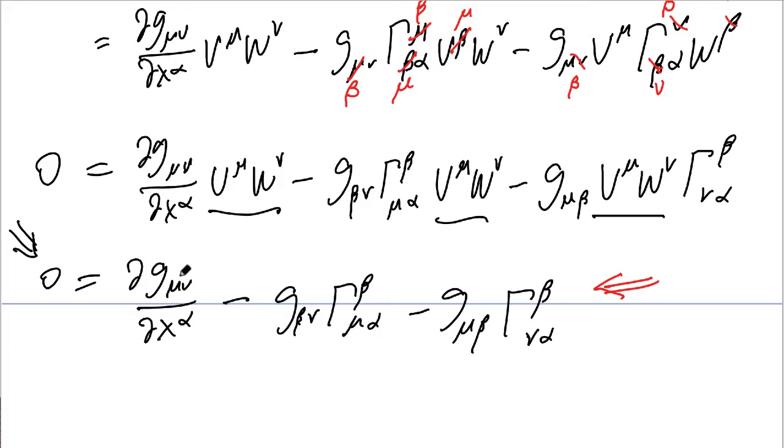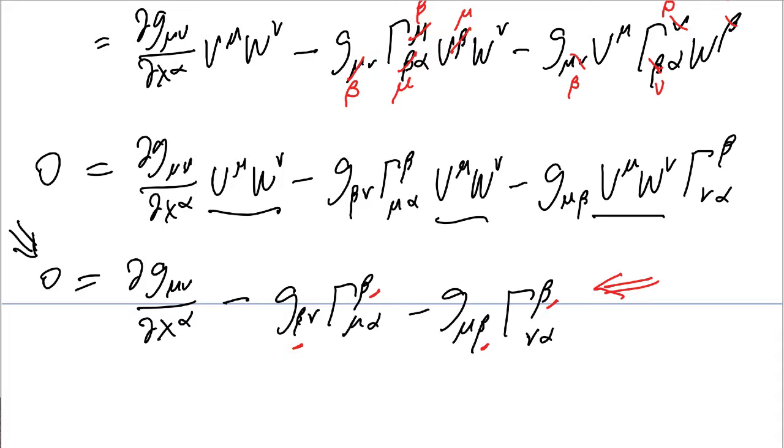Notice there are three free indices in this equation. So we have a mu, a nu, and an alpha, and we're free to choose any values, 0, 1, 2, or 3, for each of those indices. On these terms, the index beta is a repeated index, so it's being summed over in this term as well as this term. But again, we have three free indices, mu, nu, and alpha.